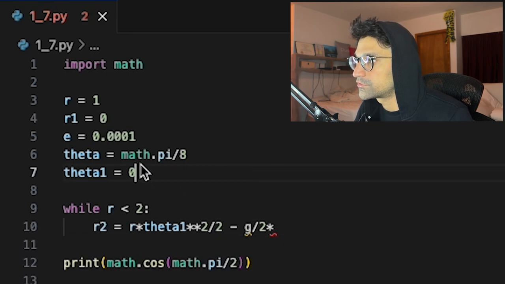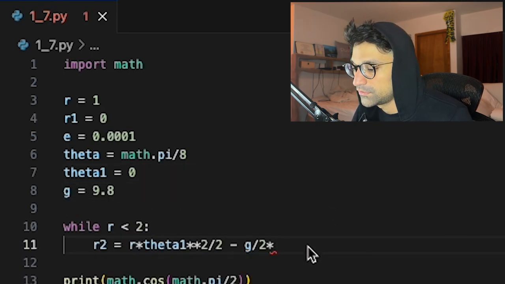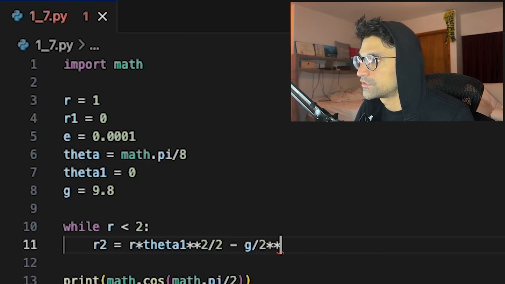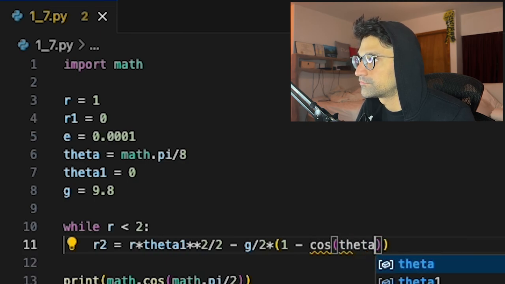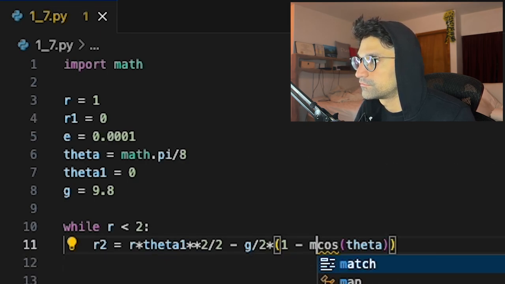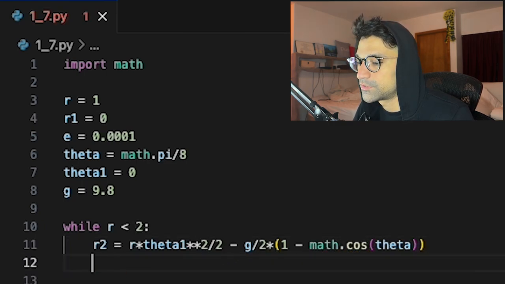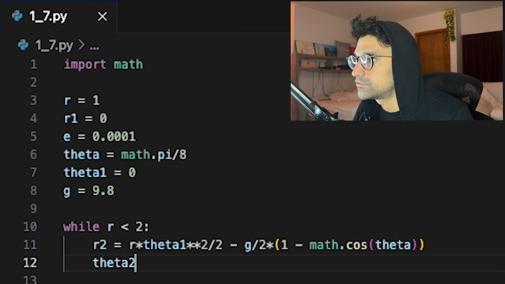Each piece divided by 2, so g over 2 now. Oh, we need g, right? So let's say g equals 9.8. g over 2 times 1 minus cosine of theta. Math.cos. Okay. And now we should probably just update theta 2, right? Theta 2, yeah.